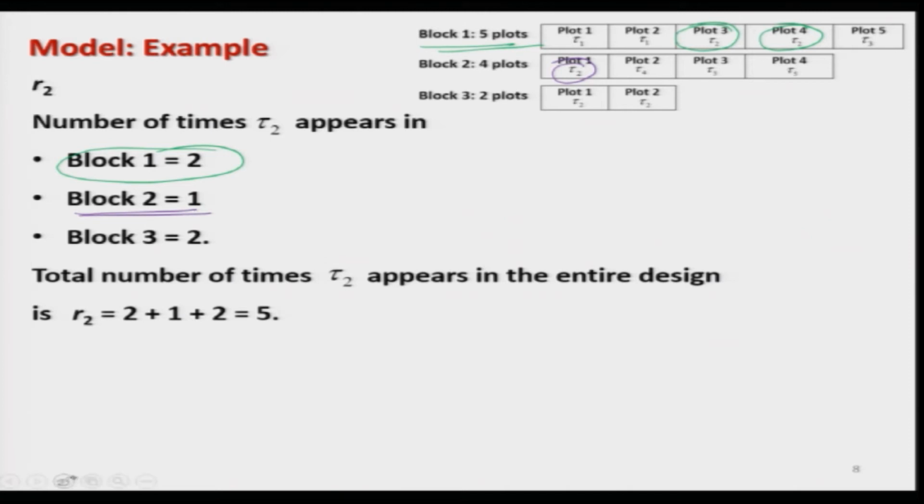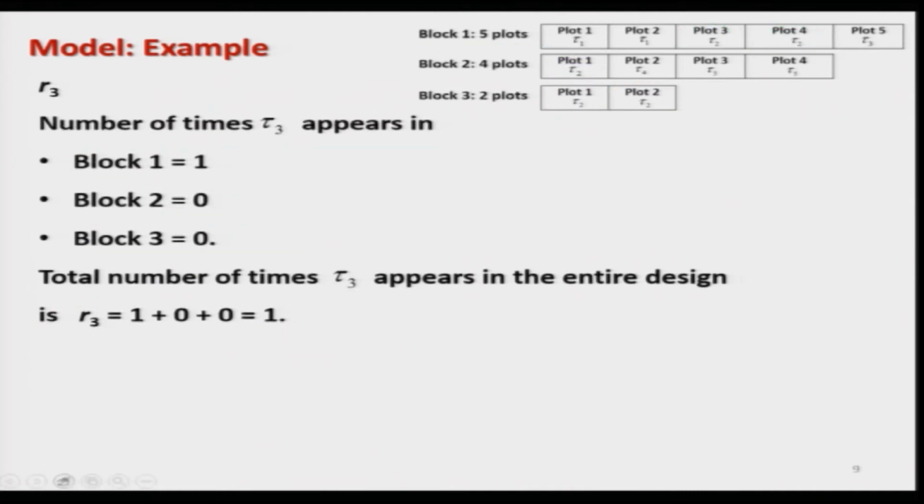And what about block number 3? You can see that treatment number 2 is appearing in plot number 1 and plot number 2, so in block 3 this value comes out to be 2. The total number of times treatment number 2 appears in the entire design, that is blocks 1, 2 and 3, is 2 plus 1 plus 2, which is equal to 5. So, R2 becomes 5.